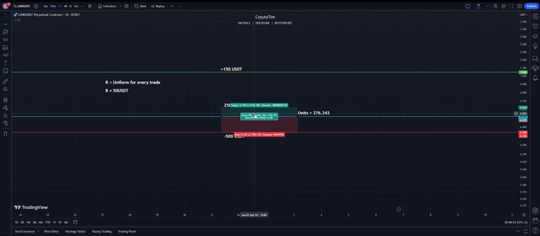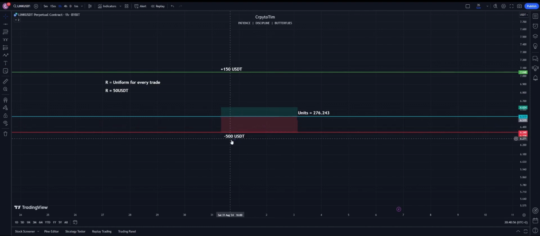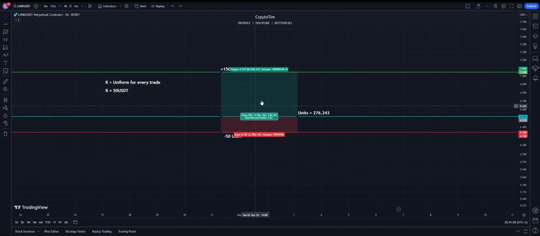You have a nice screenshot of, oh, I made 250 USDT, but you're risking 500. That's not sustainable. So it's always important to have a good risk to reward ratio and to have your exit plan in place. So don't get fooled by people showing very big screenshots.